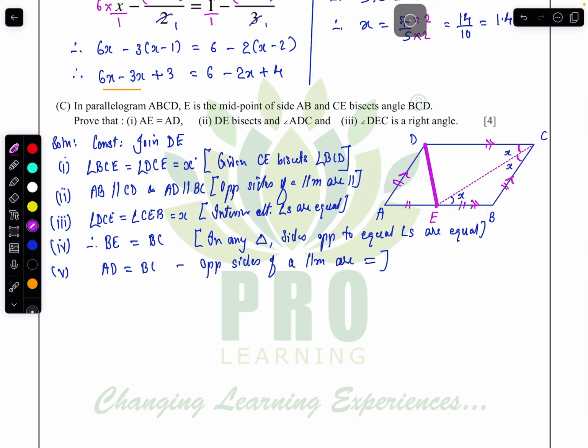So here we want to straight away claim that the sixth statement for us will be very important. Therefore, what we get here is AD is equal to AE is equal to BE is equal to BC. To support this statement, AD and BC was already spoken here.